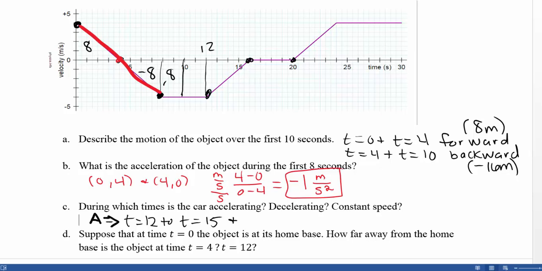And then again from 20 to 24. So again, I'm increasing here from 20 to 24. So time equals 20 to time equals 24. Now we also want to know when we're decelerating. So we're going to be decelerating whenever the slope of our velocity is negative.